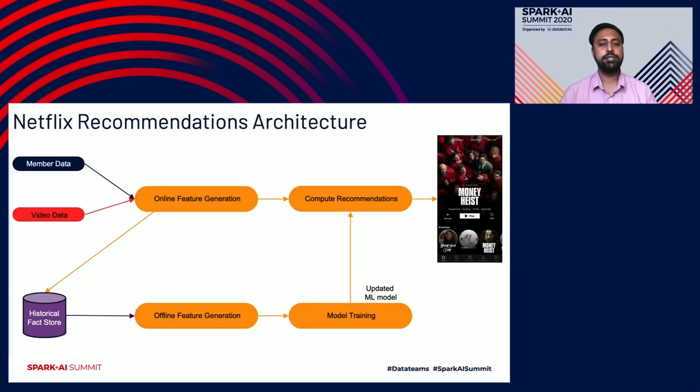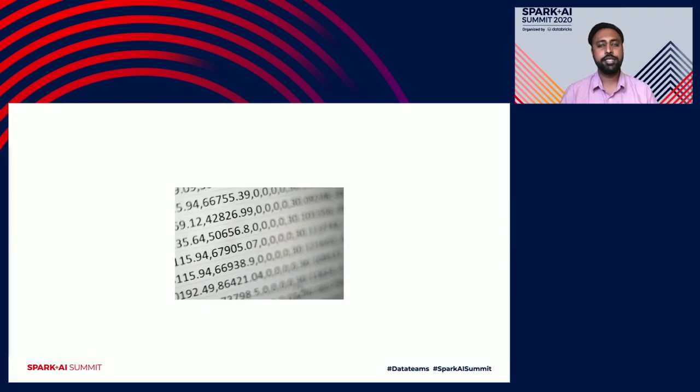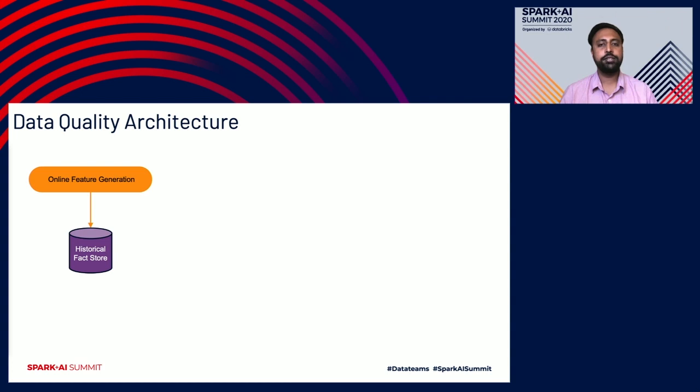We'll start with the first problem, which is addressing the problem with the data at the source. From the previous slide, you could see that we had a bunch of components. For this particular solution, we'll be concentrating only on a couple of components: the online feature generation and the historical fact store.